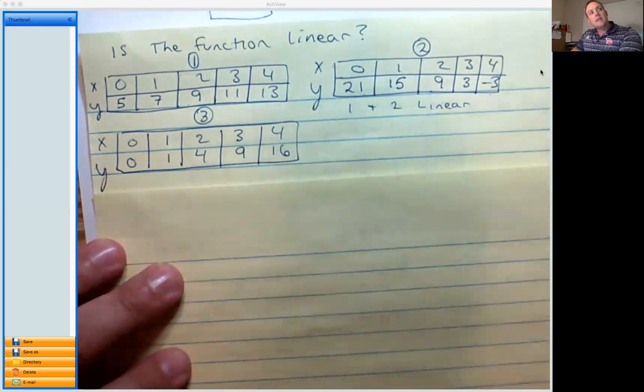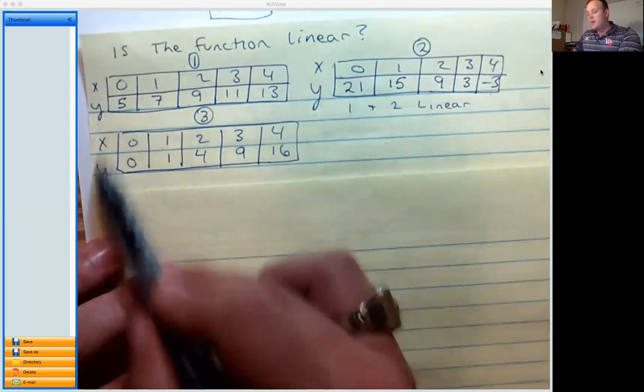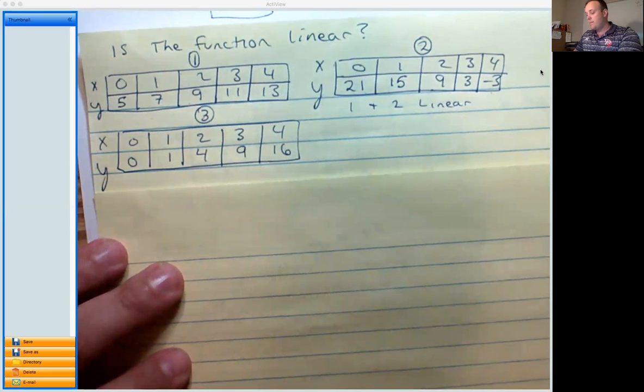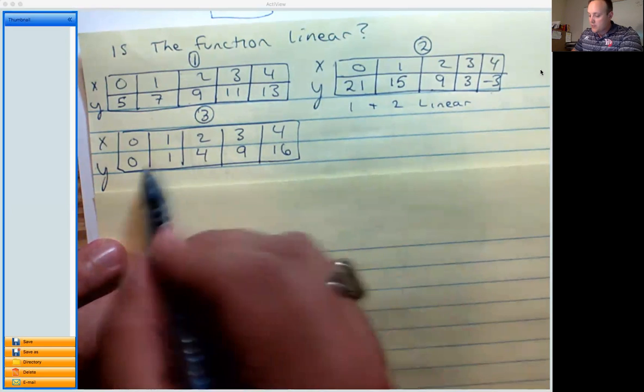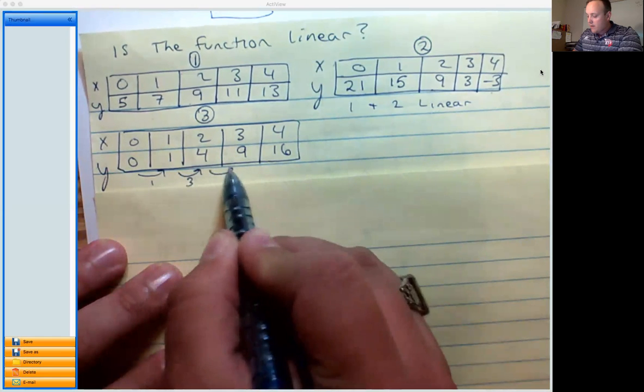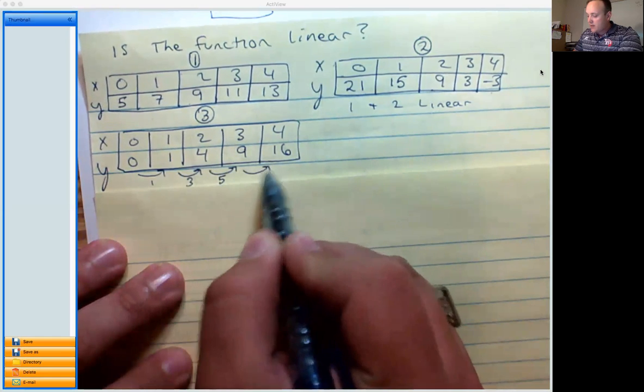And Dominic, why is 3 not linear? They're not going up evenly, because we go up 1, 3, 5, and 7.